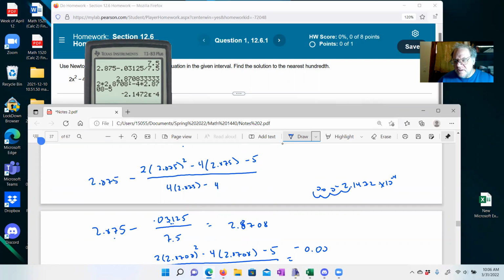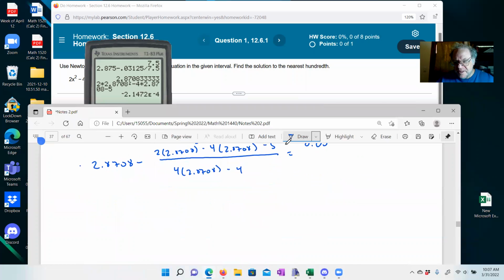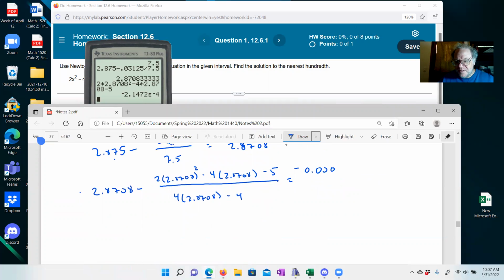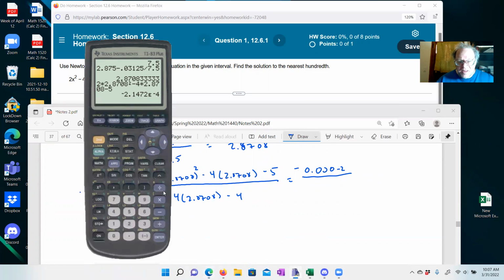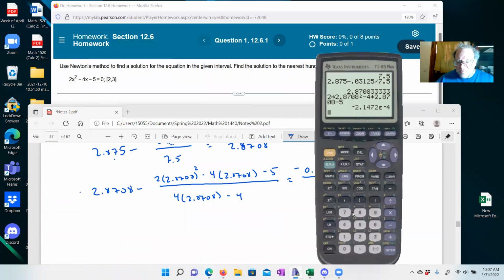So the 4 decimal places, this is 0.00, negative 2. Okay, divided by 4 times 2.87. I'm just doing this one for completeness.